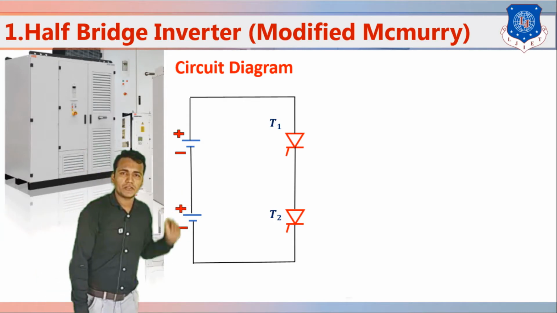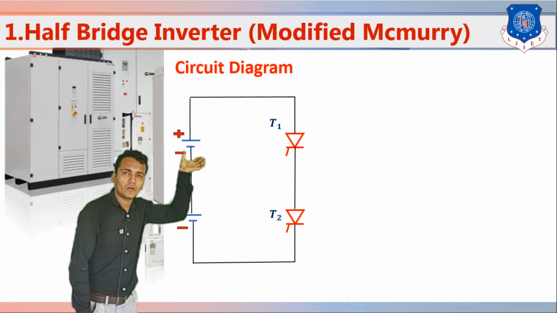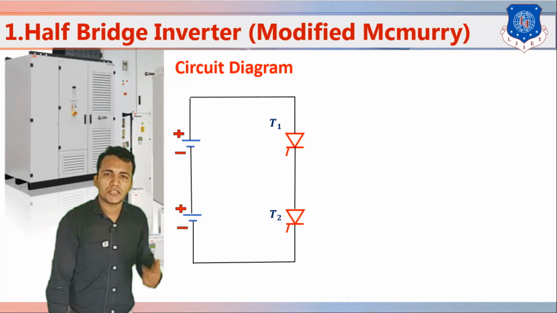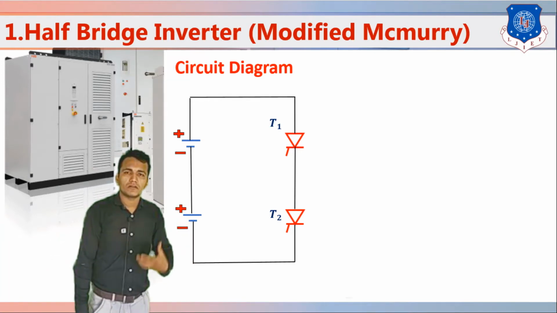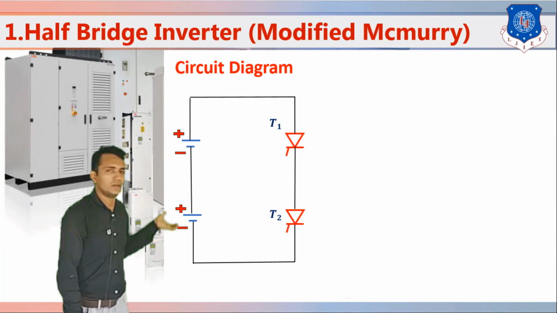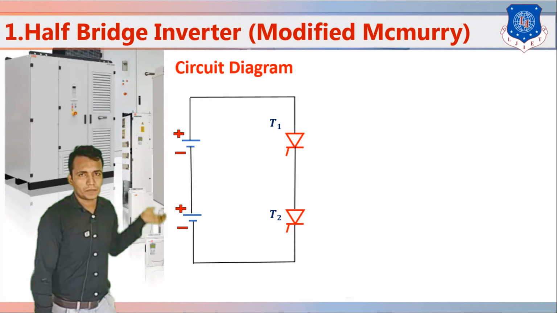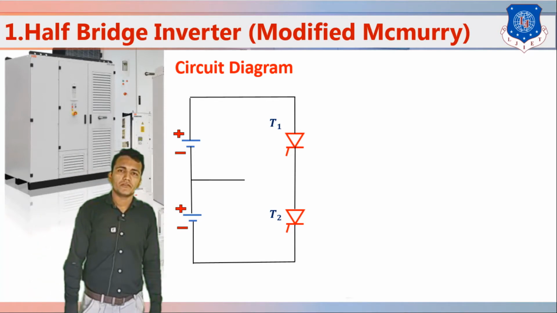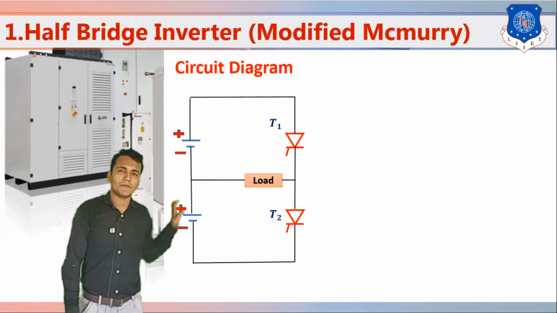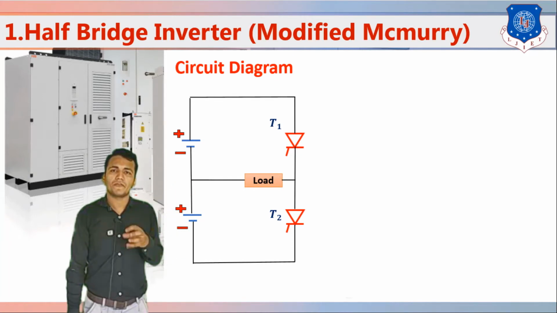So here we use two DC supplies, which means it is a half bridge inverter. If we have to use a half AC supply, at that time we use two half DC supplies. Then you can see we have to connect the load.